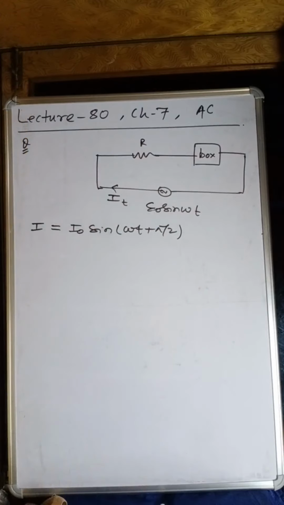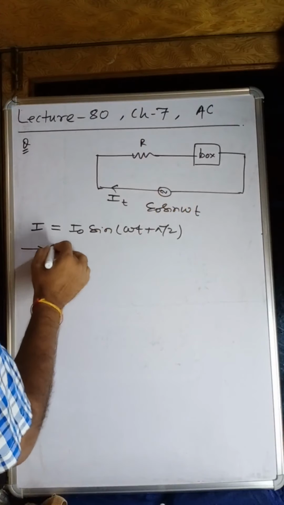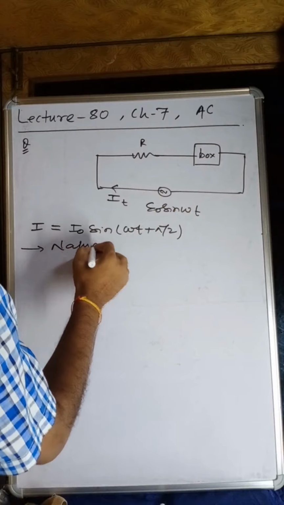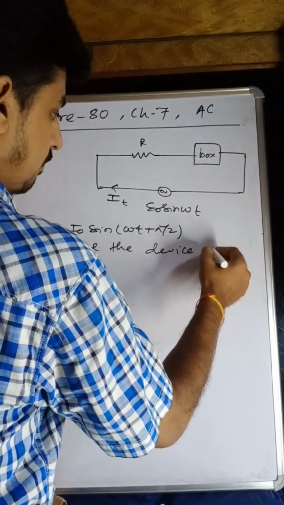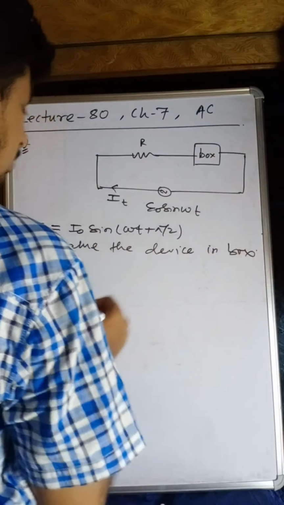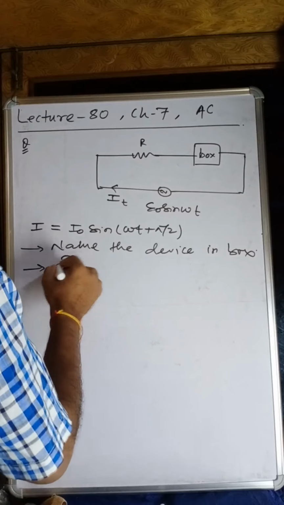Now, you have been asked to find the device inside the box. Name the device in the box. And second, you have to find the impedance of the circuit.